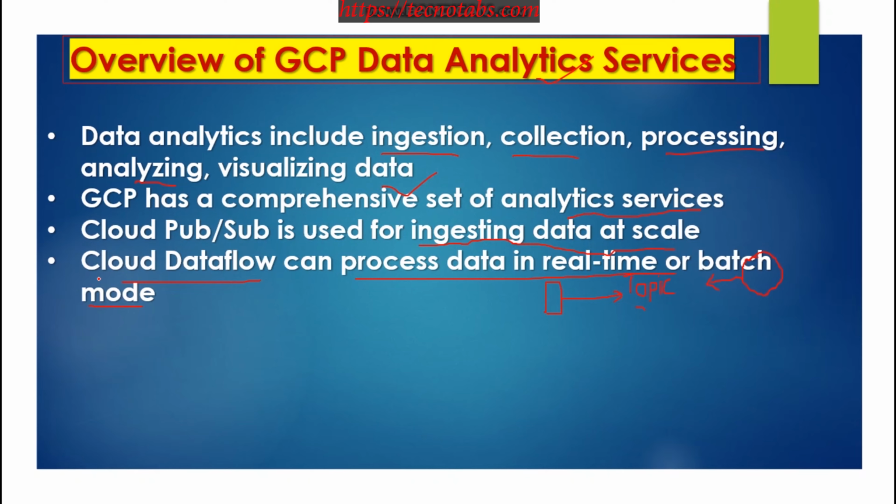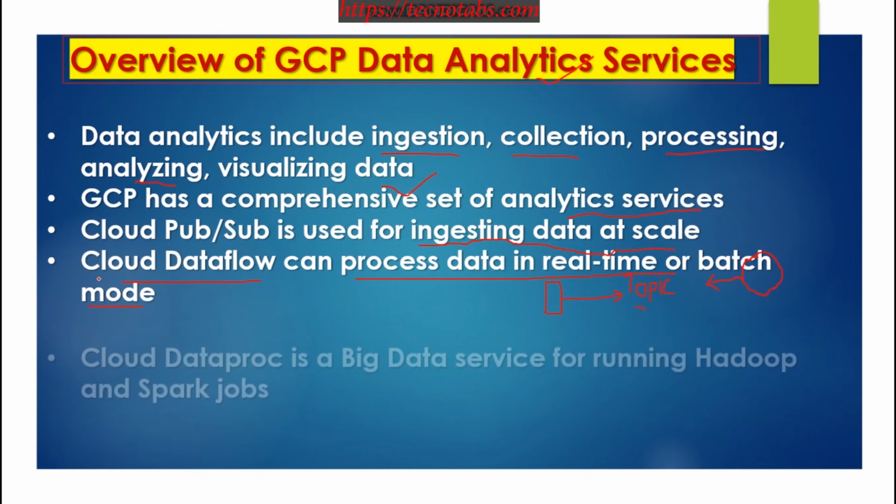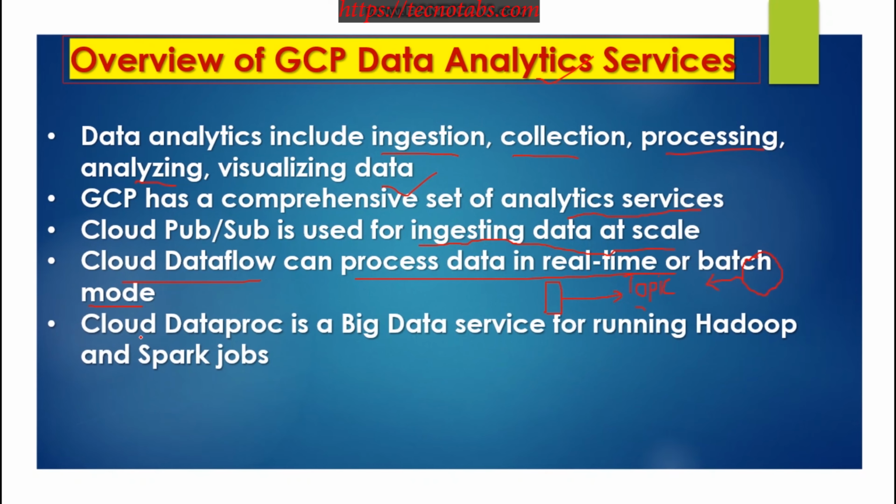For those cases you can use Dataflow. The next is Cloud Dataproc, a big data service for running Hadoop and Spark jobs. If you have data that is very huge, or historical or legacy data, you can use Dataproc for analyzing it by running Hadoop and Spark jobs.